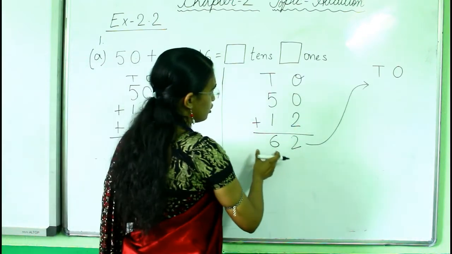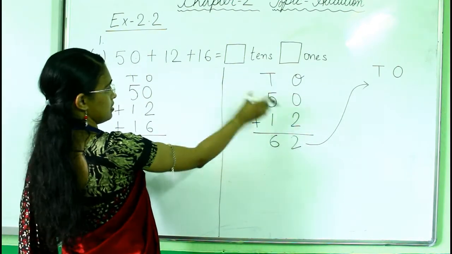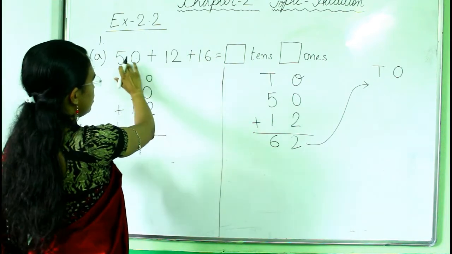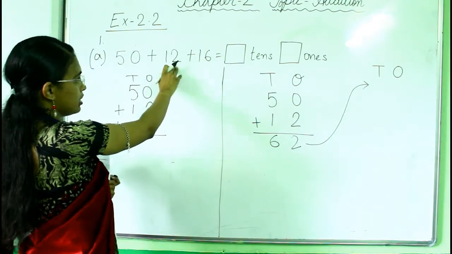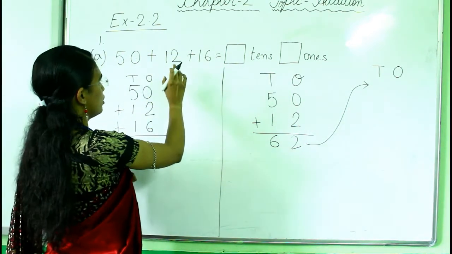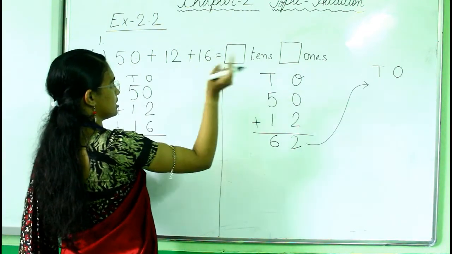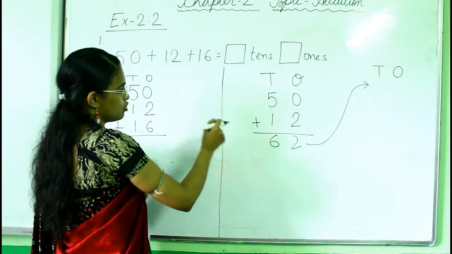When you are in this type of math, first we take the first two numbers, then we add these two numbers, then whatever sum comes, we take that sum and add it to the last number. This is the sum.